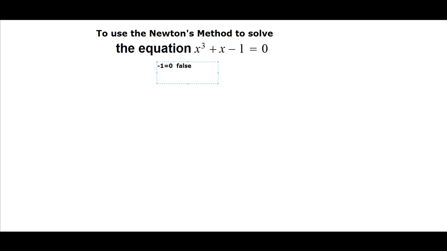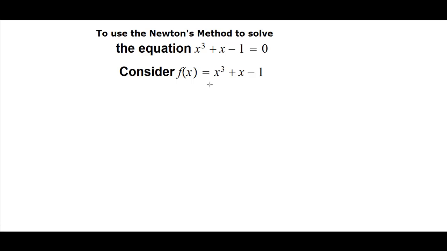And now let's try x equals 1. If we substitute x equals 1 in here, we see that this is not true either. Our scheme will be that we form a function f(x) using this expression.